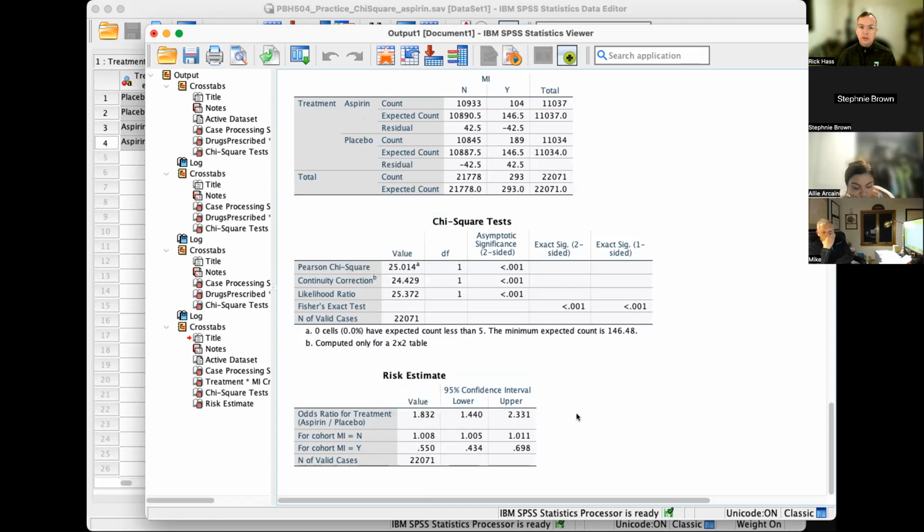So this is showing us that the odds of MI are greater for aspirin than placebo, which doesn't make any sense. This makes me think something's not labeled correctly, because the counts are correct there.